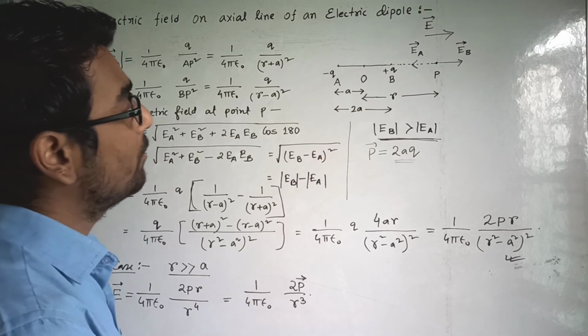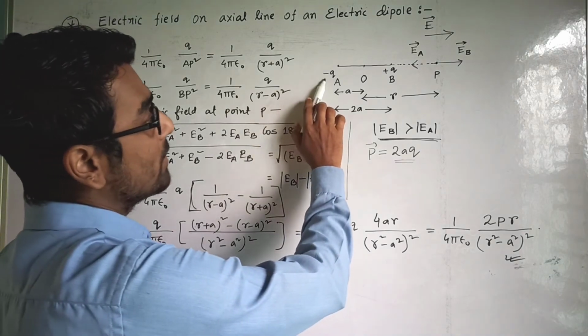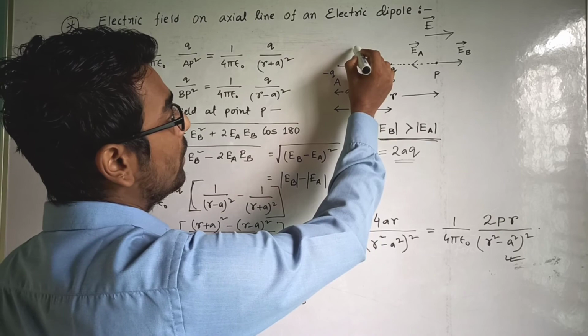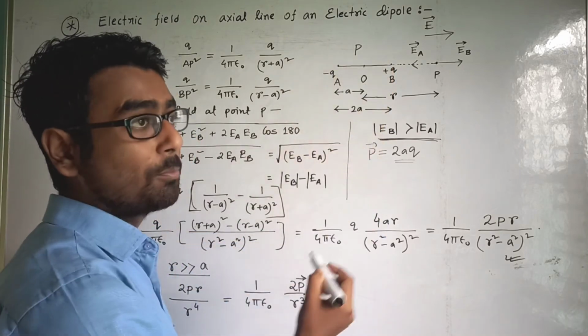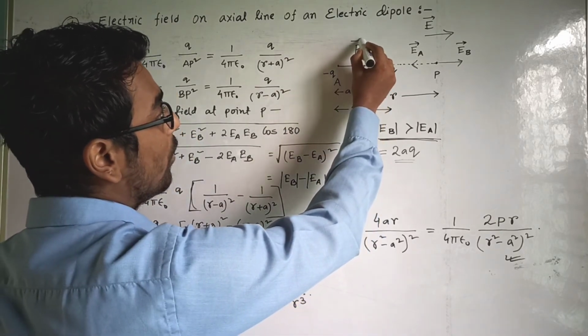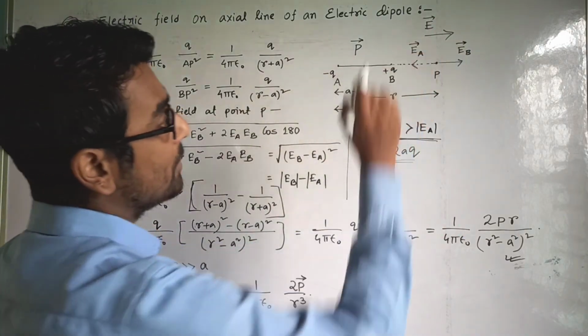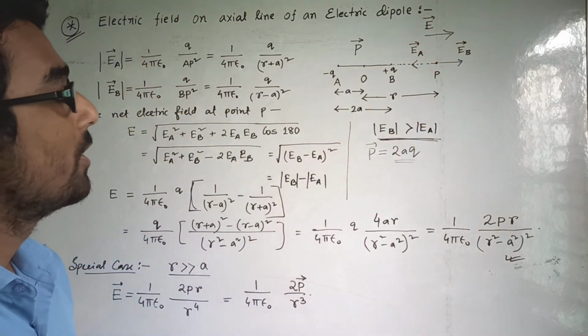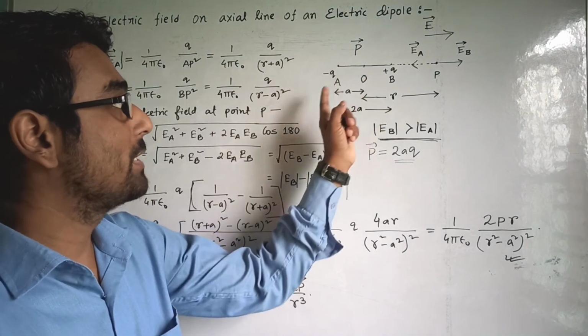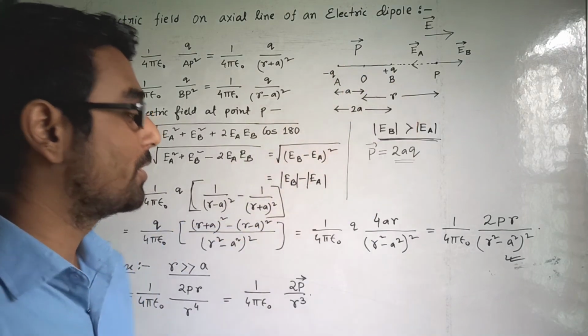So we see that for minus Q and plus Q, the direction of dipole moment is in the direction of electric field, because the dipole moment is directed from negative charge to positive charge.